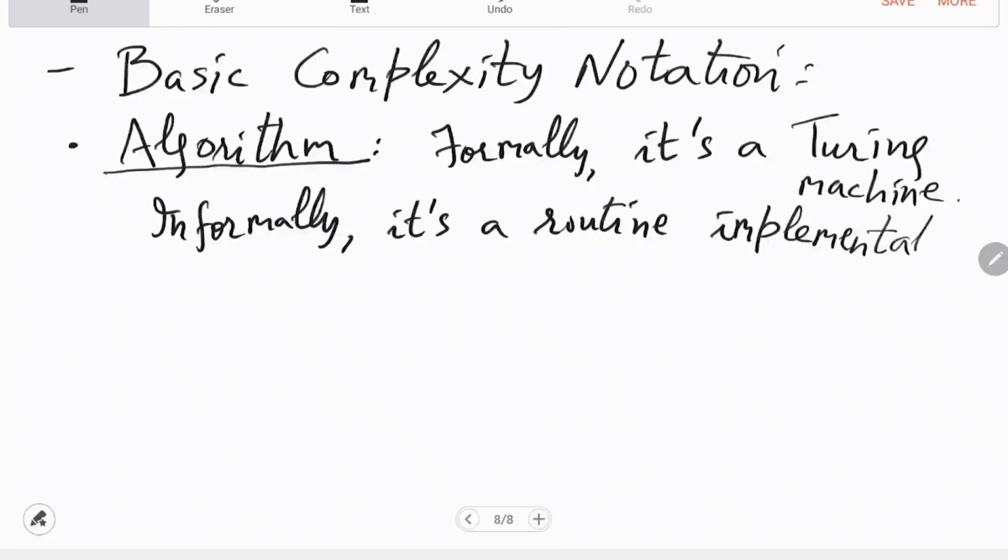Computers are believed to be, or in a way they are, Turing complete, and the programming languages are also believed to be Turing complete. So any algorithm, any Turing machine, can be implemented in any programming language on any computer. Okay. So informally you can just think of that.